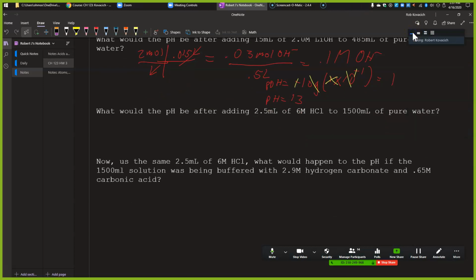Okay, so let's see. What would be the pH after adding this one? Same kind of question. 6 moles per liter of hydrochloric acid, and we've got 0.0025 liters. So 6 times 0.0025.